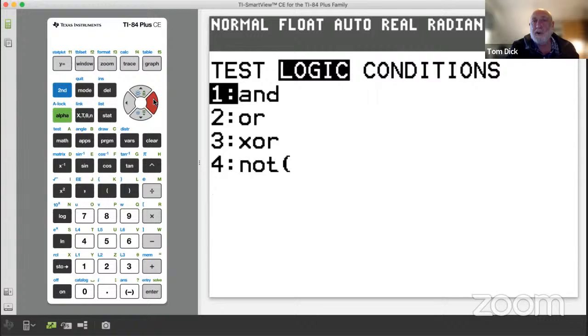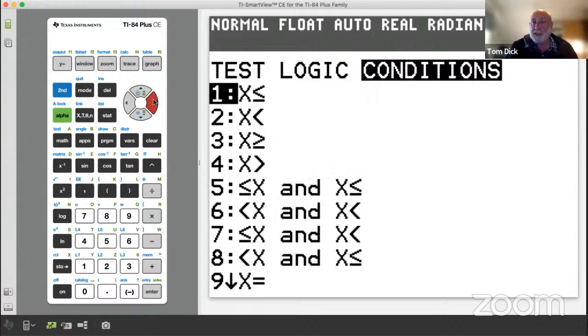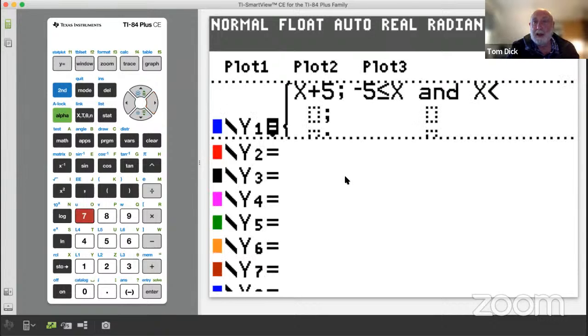I'm going to go over to conditions, and these are nice for compound inequalities. I'll go down to number 7 and just type in 7. Notice it's filled in, so I've got -5 less than or equal to x, and x is less than, this is where I can put in the other endpoint of the interval, and that endpoint is -3.